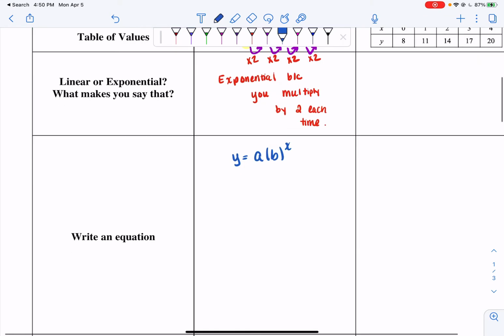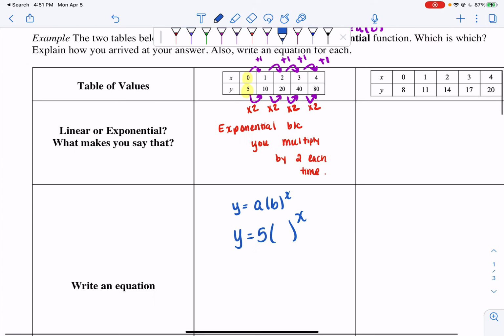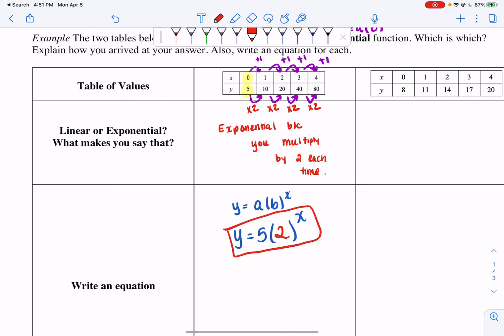So I have y equals 5 times something to the x power. Now the b we said is what we're multiplying by each time. So if we look, we're multiplying by a 2 each time. So I'm going to put that 2 in here. And this is my final answer. So my equation for this is y equals 5 times 2 to the x. And that would be it for that question.